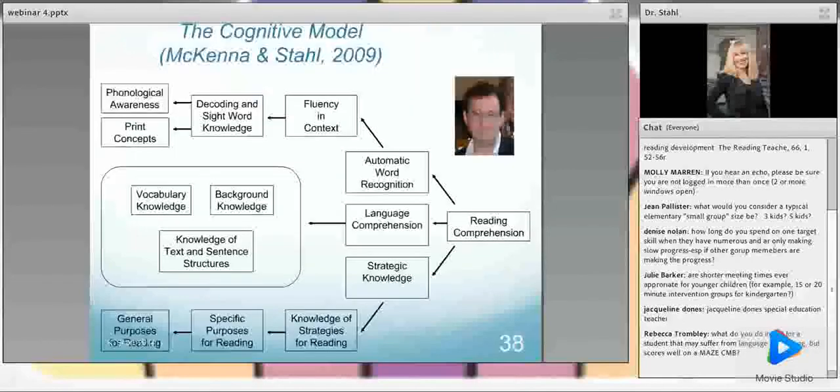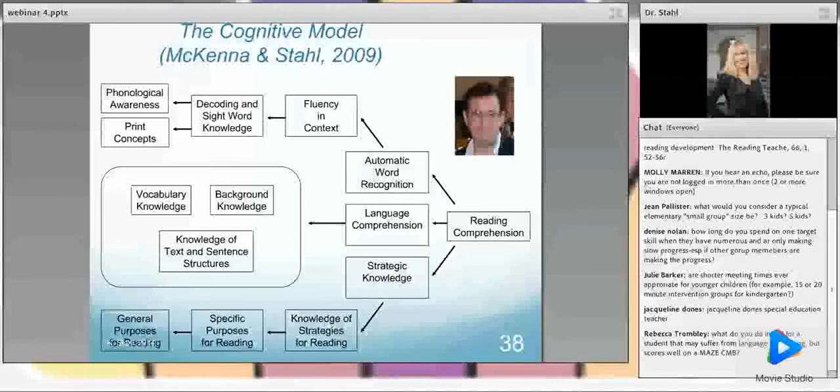I look for where the pulse points are that I need to work on with this child, and I make a very narrow target, because you and I both know that children at this level who are very far behind have lots and lots of needs. And so if we try to meet every single need they have, we will end up meeting no needs. So let's pick our targets.